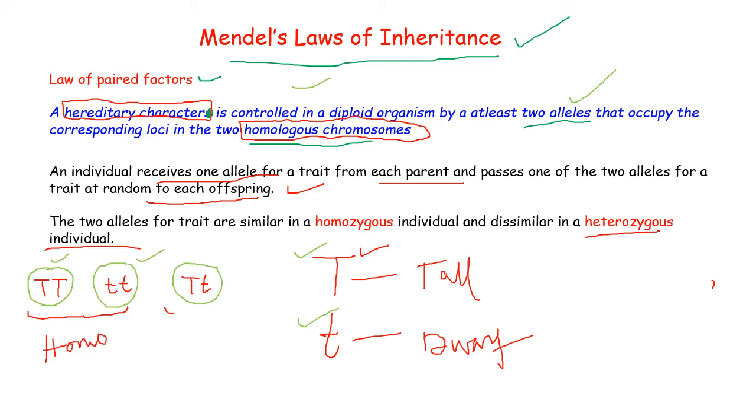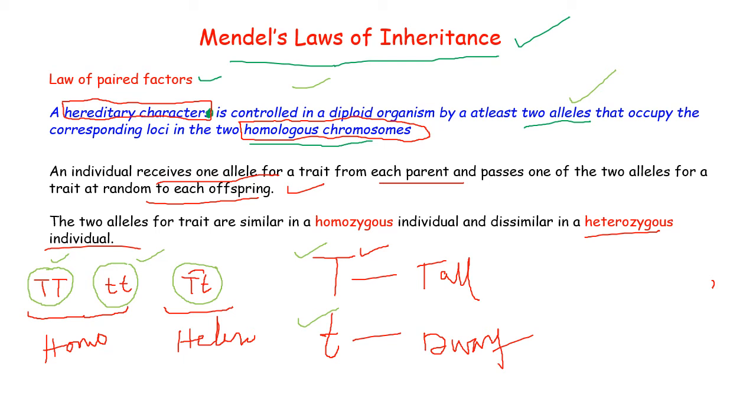And in plant 3, you have two dissimilar alleles. Although both are responsible for the height of the plant, they are not similar, they are dissimilar. Such an individual is known as a heterozygous individual. So for a particular trait, we have two alleles, one we receive from the mother and one from the father.